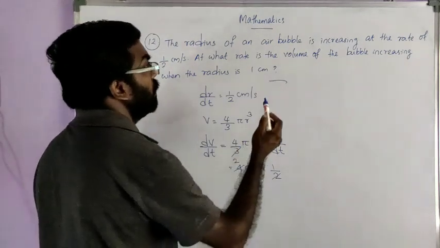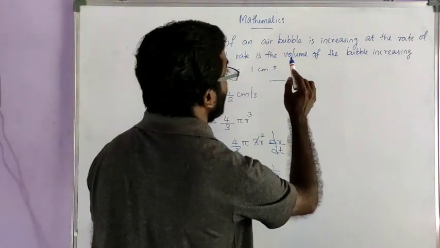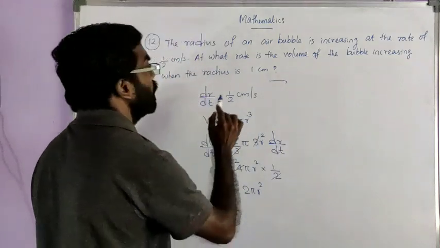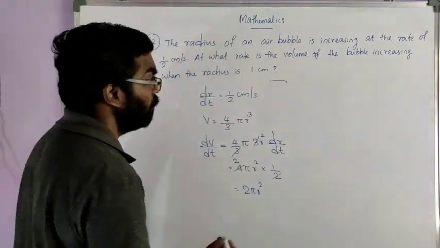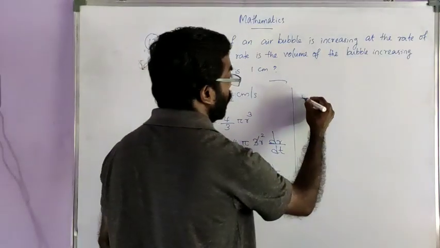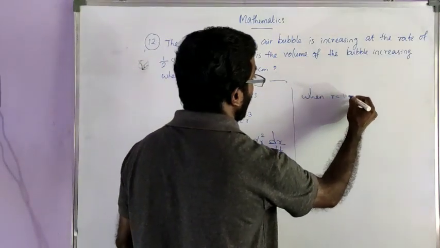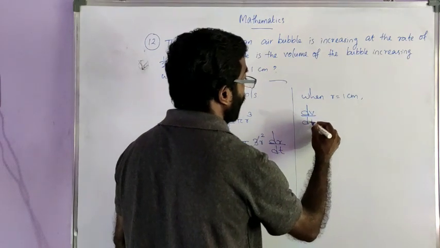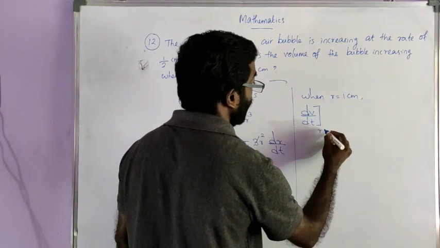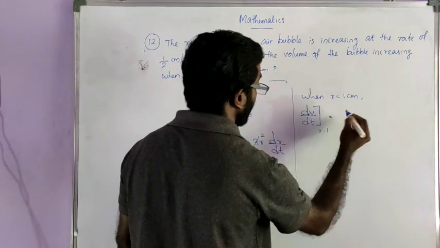Now we have to find the rate of change of volume when the radius is 1 centimeter. When r equal to 1 centimeter, we have to find dV by dt at r equal to 1 centimeter.